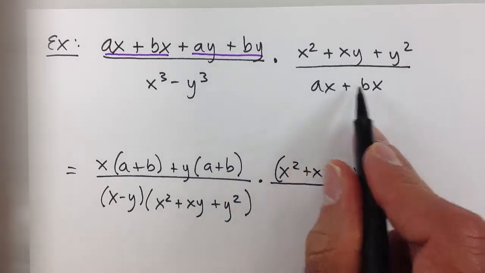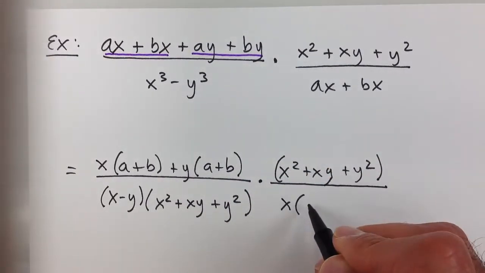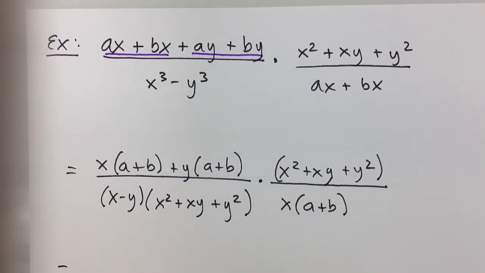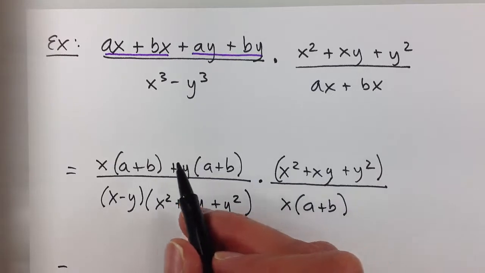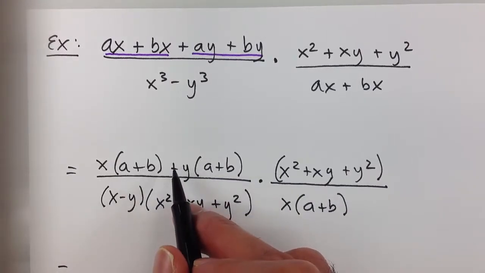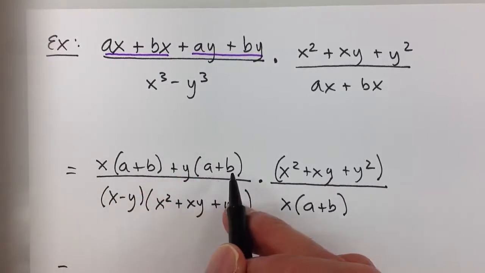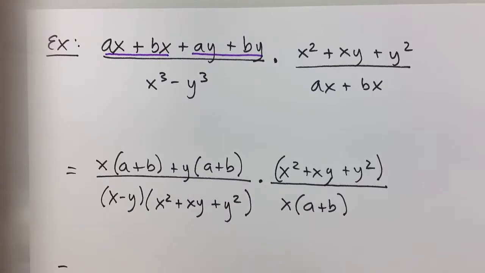Down below here, we can take a greatest common factor of x out, which would leave us with a plus b. Okay, well, we're not actually done or factored yet. How do we know? Well, there remains a plus sign or addition sign that is not in parentheses. And so we must continue to factor this top left expression up here before we try to start canceling or multiplying together.